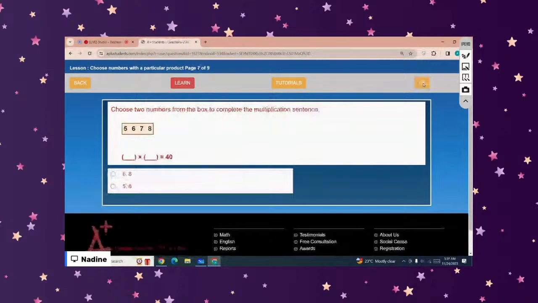Choose two numbers from the box to complete the multiplication sentence. Which is the correct option?